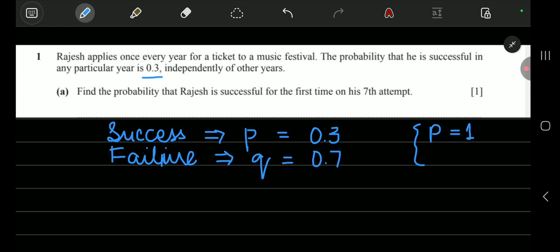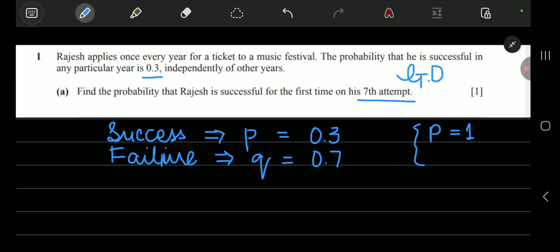Okay, secondly, find the probability that Rajesh is successful for the first time on his 7th attempt. So when he is succeeding on his 7th attempt, this is the case of a geometric distribution. So what are the formulas for the geometric distribution?